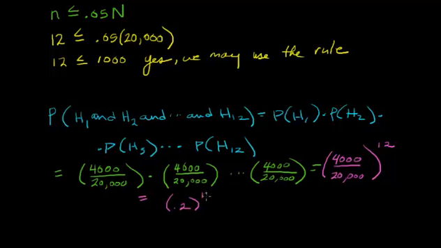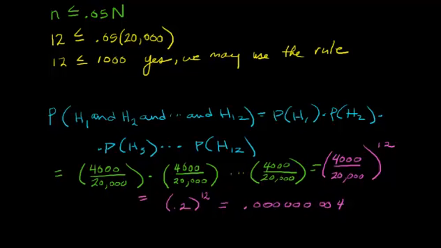So 0.2 to the 12th is our result, and that would be 0.000000004, I believe. I think there are 8 zeros here. A very, very small probability that all 12 selected would be Hispanic.